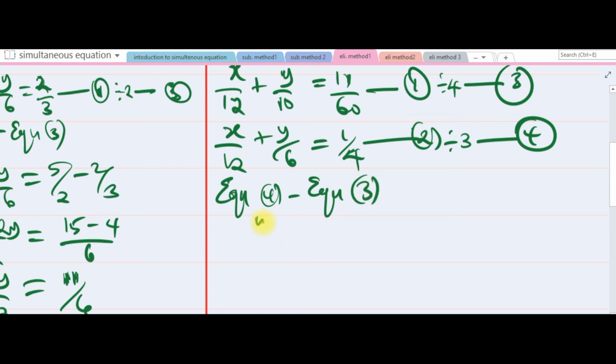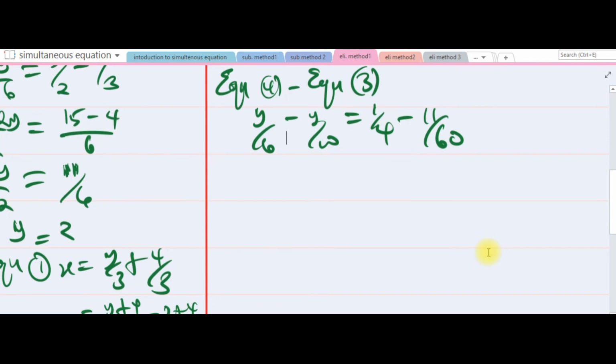So we have y over 6 minus y over 10, which equals 1 over 4 minus 11 over 60. This is 60, so I have 10y minus 6y over 60, and 15 minus 11. By multiplying by 15, I have 60 here.